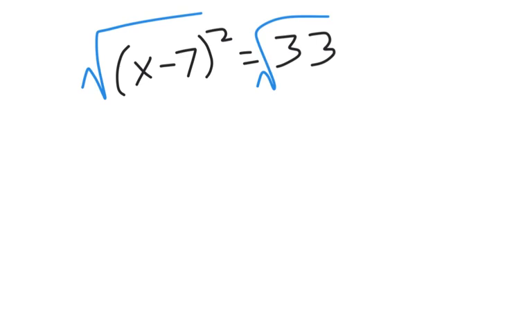We had some of this on our factoring page. There was a little bit of it in there. And we did a little bit of square root stuff I did with y'all right before Christmas, I think. So if I square root something that's being squared, those cancel. That's the whole point of doing that. And I'm left with x minus 7 on the left.